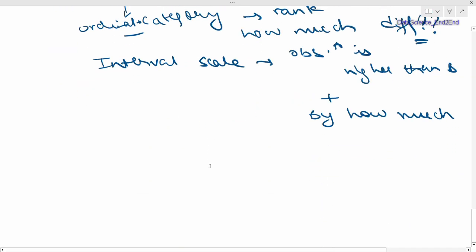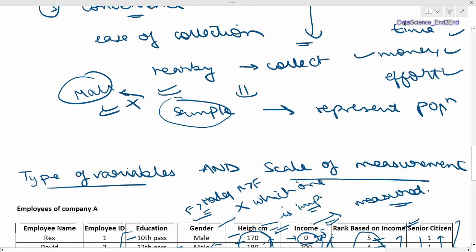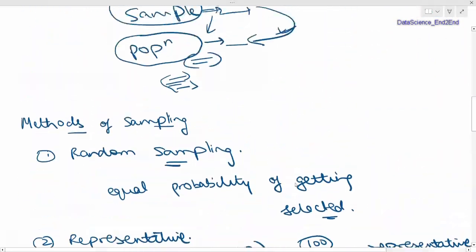The final one is the ratio scale. The ratio scale is exactly similar to the interval scale, but in the interval scale zero is not one of the possible values, while in the ratio scale zero is a possible value that we can have. This is a quick summary of what we have studied in the last three videos.